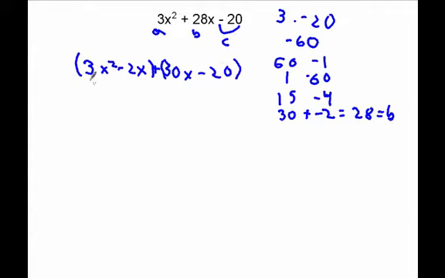Look for your greatest common factor. Over here, 3x squared minus 2x. 3 and 2 don't share any common factors. X squared and x share a greatest common factor of x. So all I can factor out is my x. 3x squared divided by x gives me 3x. Minus 2x divided by x just gives me minus 2.